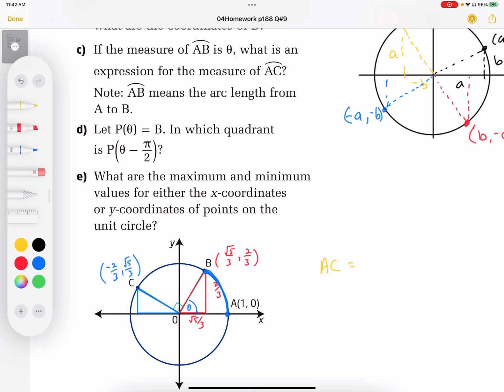My original theta, the length theta, plus the length from here to here, which is going to be pi over 2, which can be expressed as a length on the arc as pi over 2 as well, since it's a unit circle. Okay, so the arc from A to C is going to be theta plus pi over 2.